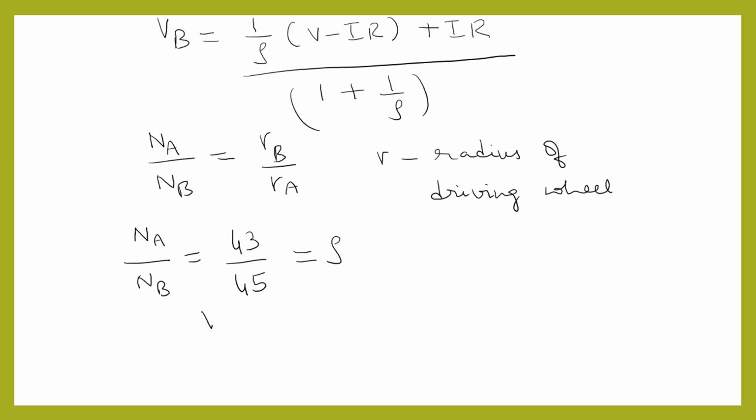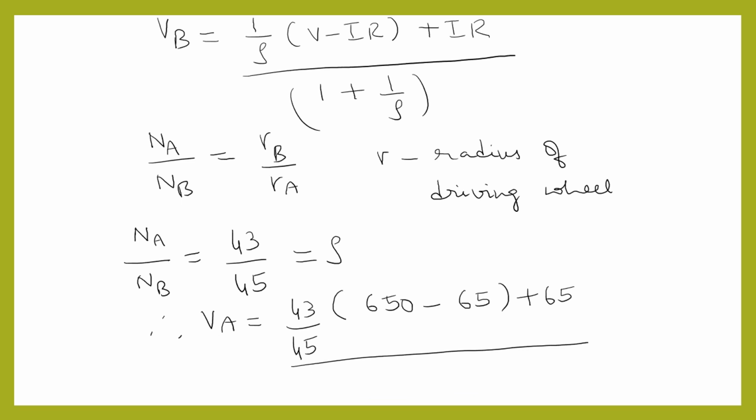Therefore, VA is equal to 43 by 45 into (650 − 65) + 65, divided by (1 + 43 by 45). The armature voltage drop is 10% of supply.